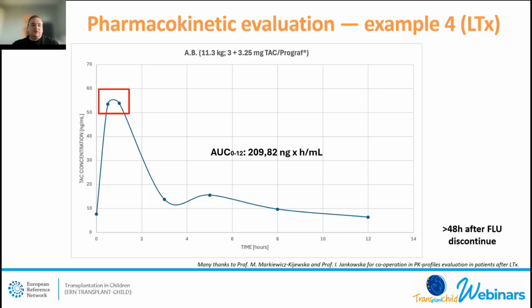It's about 55 nanograms per milliliter. The patient was under concomitant treatment with fluconazole, but the profile was collected above 48 hours after the discontinuation of fluconazole treatment.